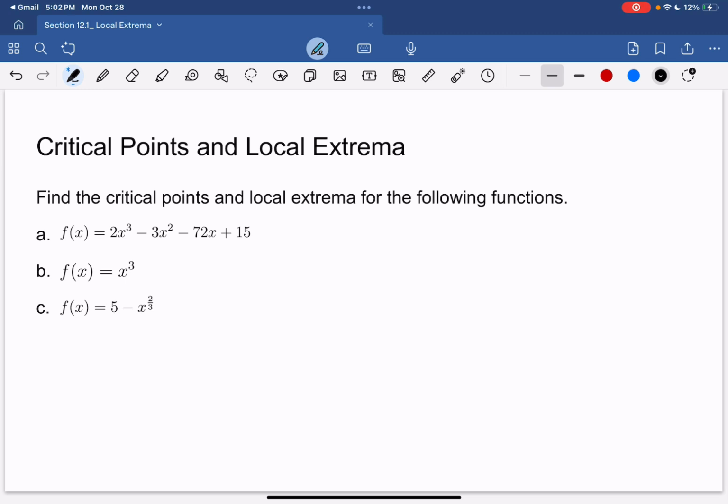Now let's look at question B. Okay. So I'm going to take the derivative of that function. Power rule says bring the power down, subtract 1 from it to make the new power, so 3x squared. To find my critical points, I set it equal to 0.